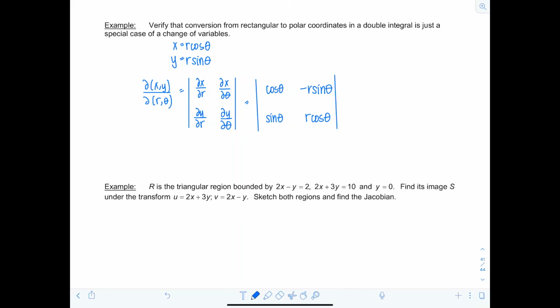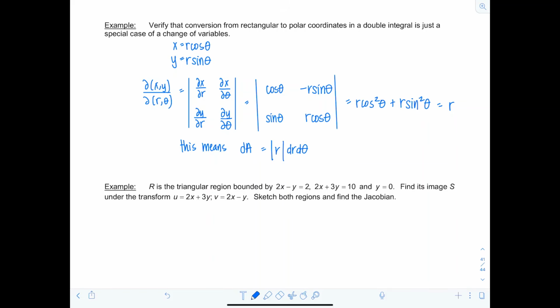All right, and then let's go ahead and take this determinant. So I'm going to have r cosine squared theta plus r sine squared theta, which is just going to be r. So this means that dA is equal to the absolute value of r dr d theta, which is what we knew from before.